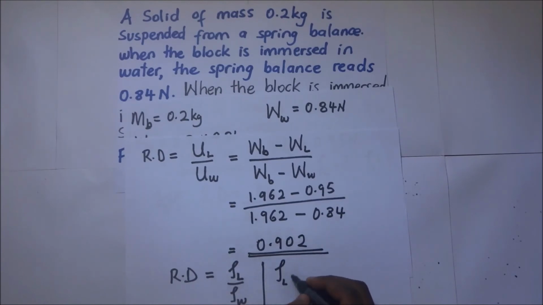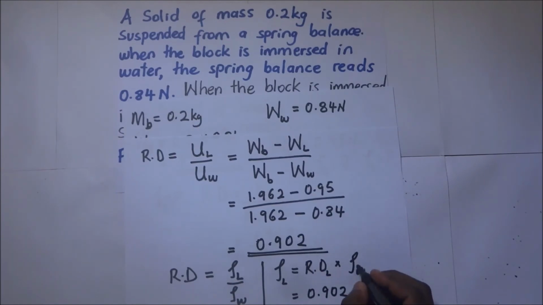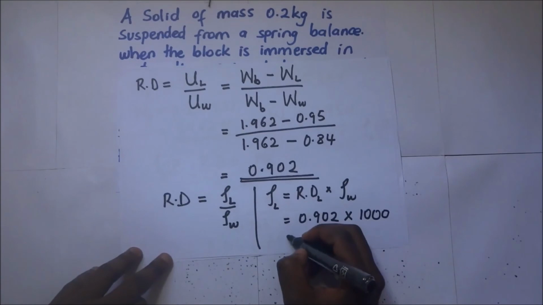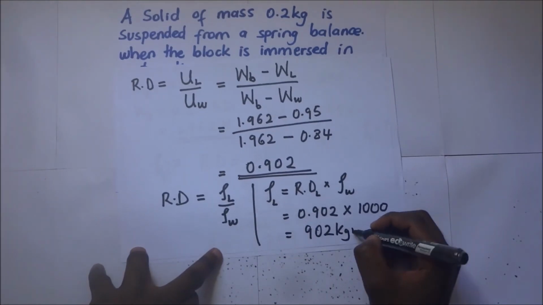The density of the liquid is given by relative density of the liquid, multiply that by the density of water. This is going to give us relative density of the liquid, which is 0.902. Multiply that by the density of water, which is 1000. And definitely this is going to give us 902 kilograms per meter cubed.